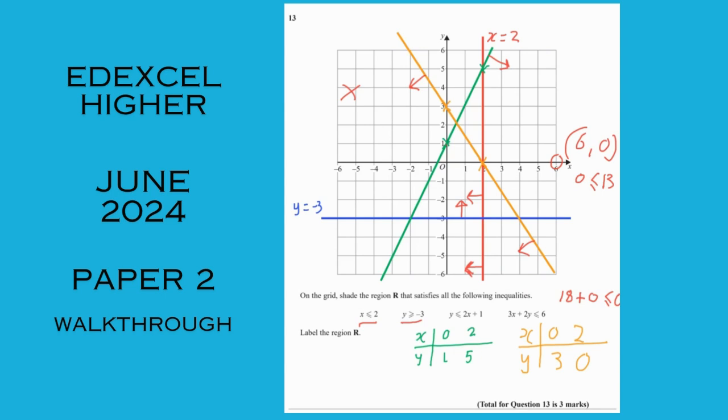So we need to be above the blue. We need to be to the left of the red. So it's in this quadrant sort of thing here. We need to be under the green in that respect. In this direction of the orange.